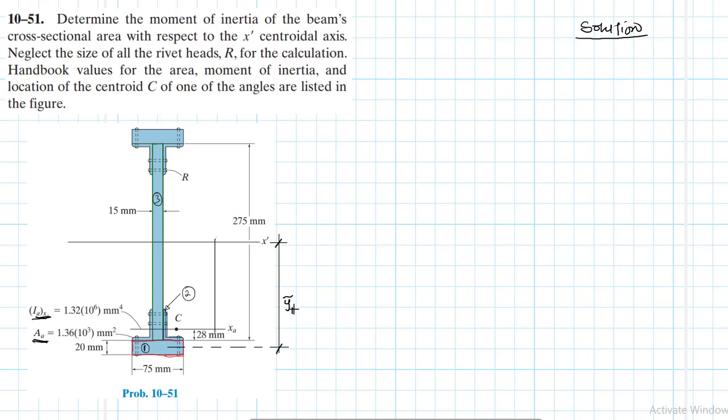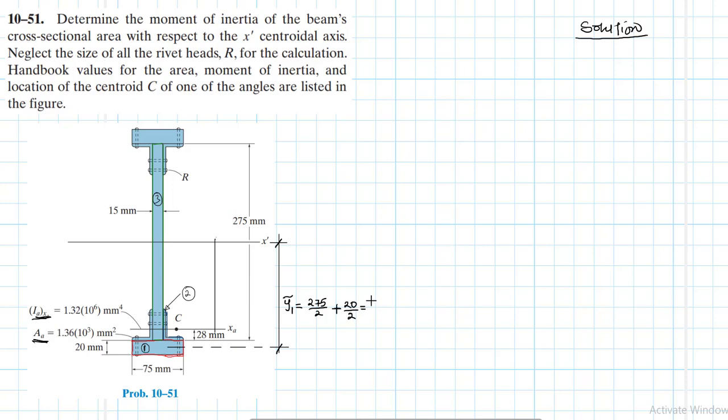So y centroid 1 is equal to the length of the whole web, which is 275, therefore half of the web, plus, not minus, plus half of the thickness of the flange, which is 20 divided by 2.